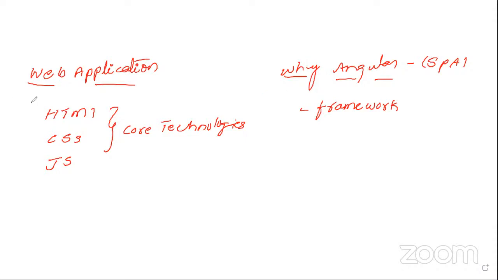Guys, listen carefully. Without Angular, also we can build applications by using HTML, CSS, and JavaScript. By using these core technologies, if you are planning to build a web page, everywhere you have to write the code, and as the application size increases, the complexity will also increase.